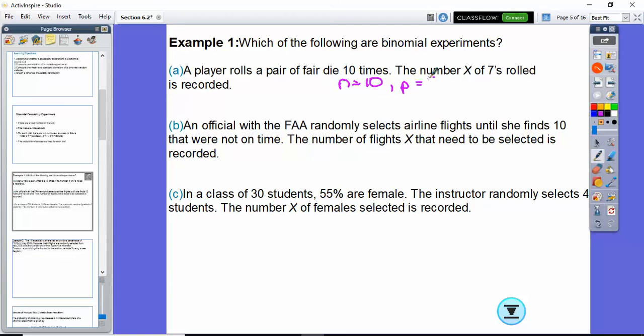So 6 out of 36, which reduces to 1 over 6. So what would be q, the probability of not a 7? 5 over 6. Yeah, they're complements. So if you know p, q is just 1 minus that. So we've met that. And is the probability of rolling a 7 the same every time you roll those dice? Yes. So this is a binomial.